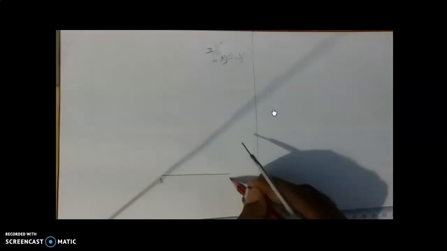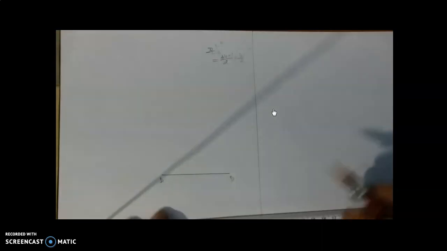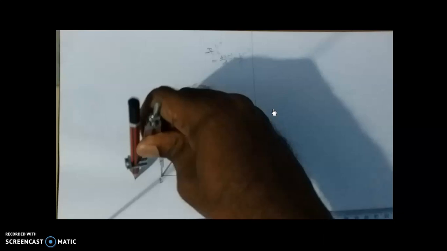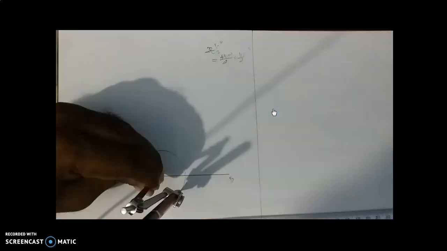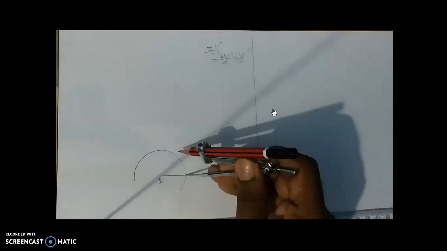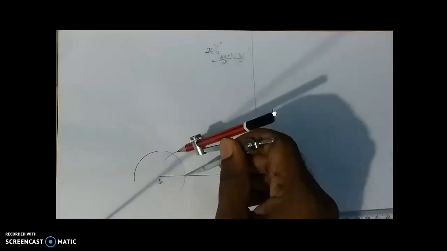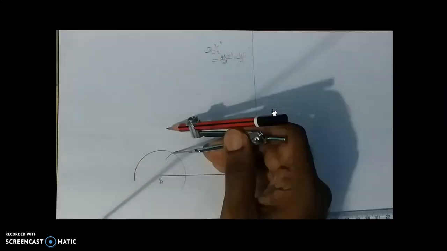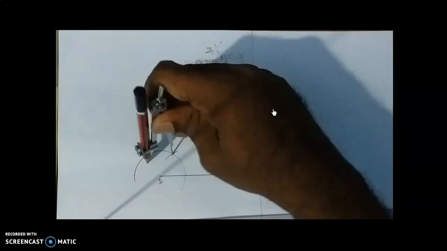So A, B. For 60 degree, draw an arc. Then without changing anything, make this as center. So this is 60 degree now, and for 90 degree we need 120, another one. So make this as center without changing anything and draw one more arc.